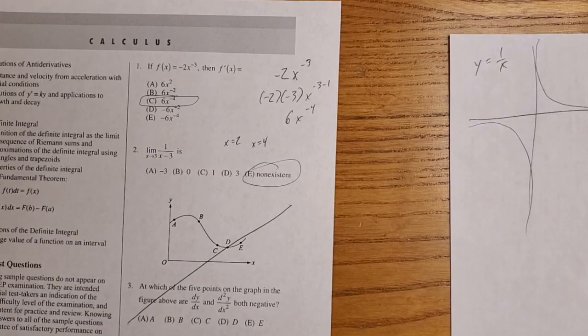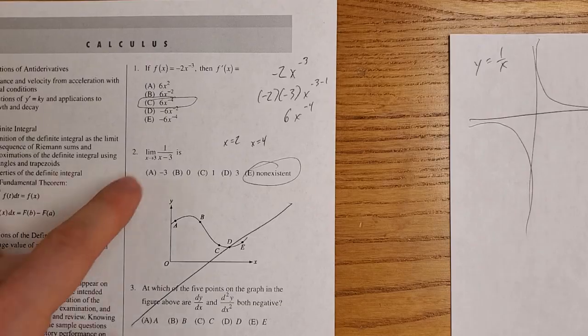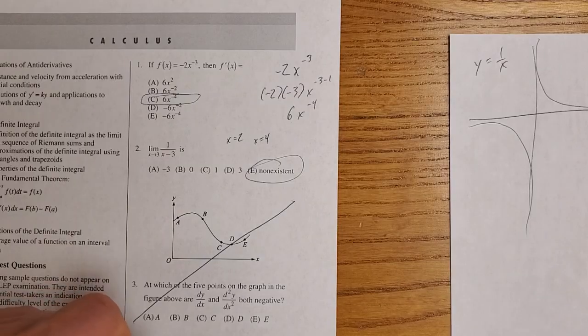The easiest way to determine the limit, especially if they don't give you a picture, is to take a quick sample value close to there, and you can get a feel for whether it's coming up to the same point or not. And if it doesn't, and it's a limit from both sides, then we can say non-existent.